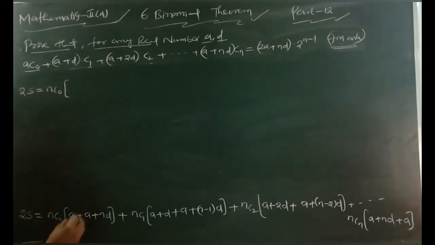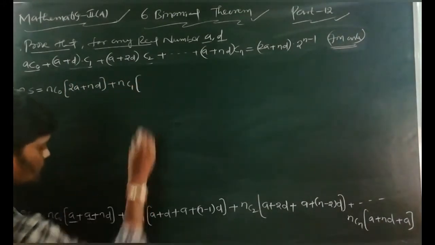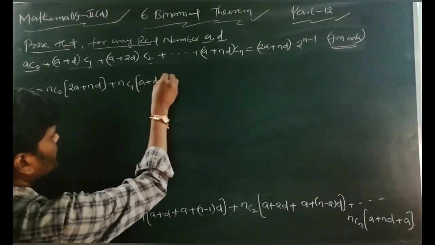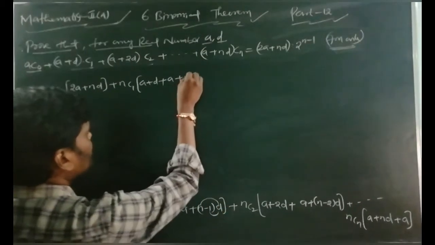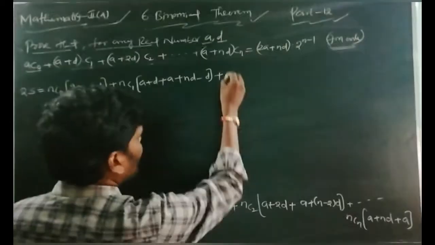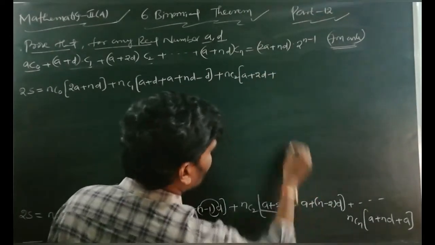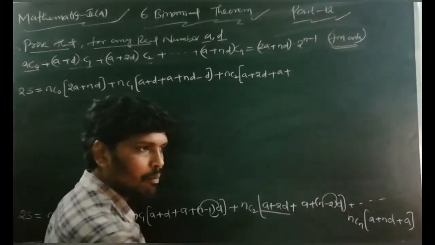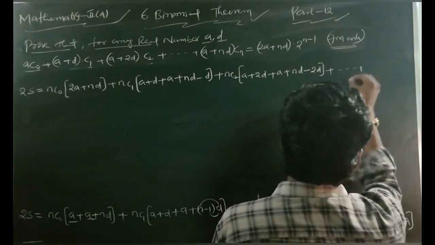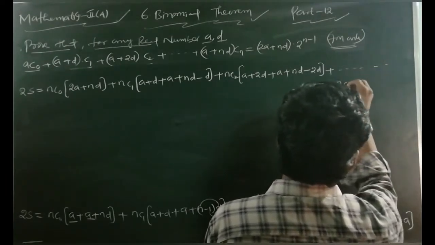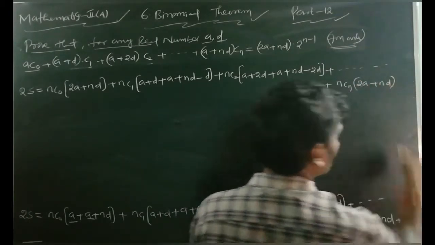nC0 into (a plus a, 2a plus nd), plus nC1 into (a plus d plus a plus nd minus d), plus nC2 into (a plus 2d plus a plus nd minus 2d), and so on, plus nCn into (a plus a, 2a plus nd).